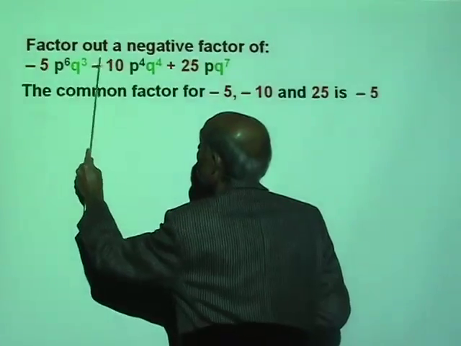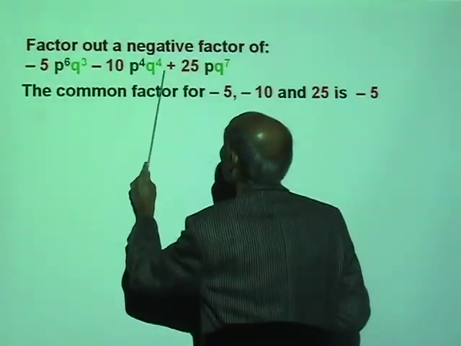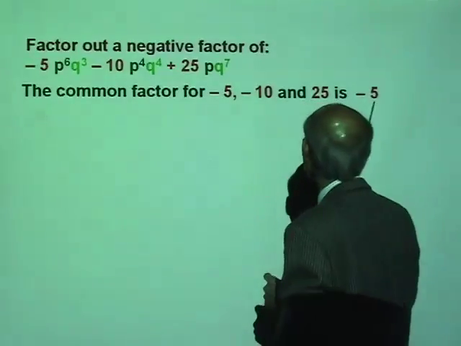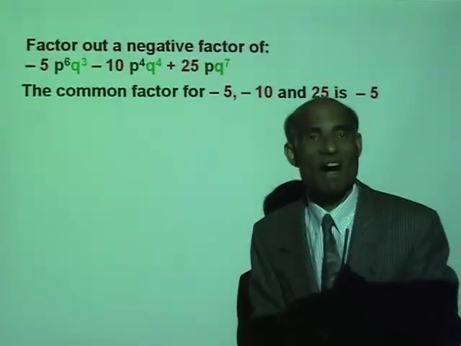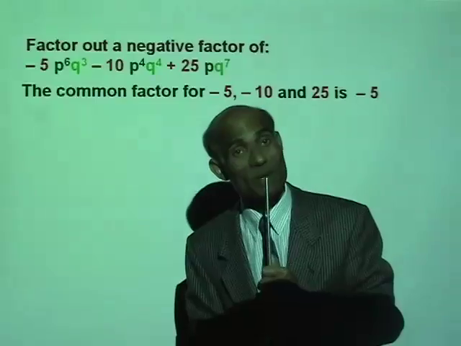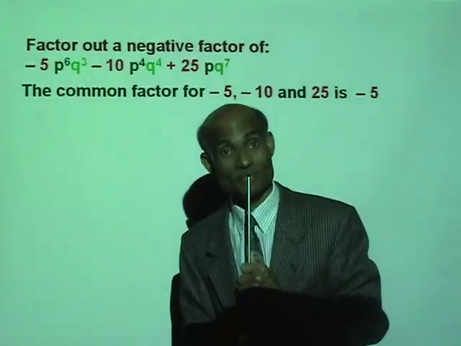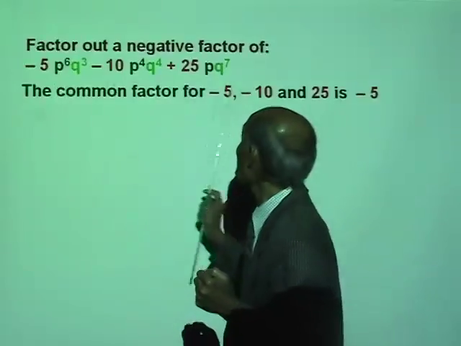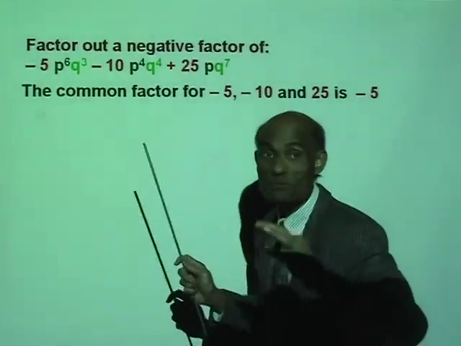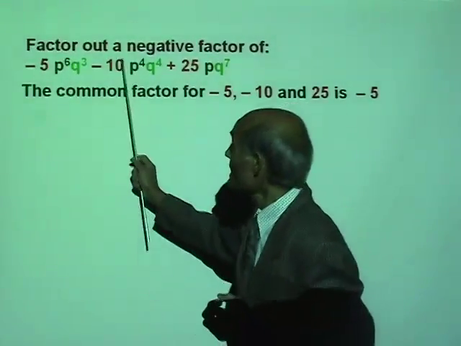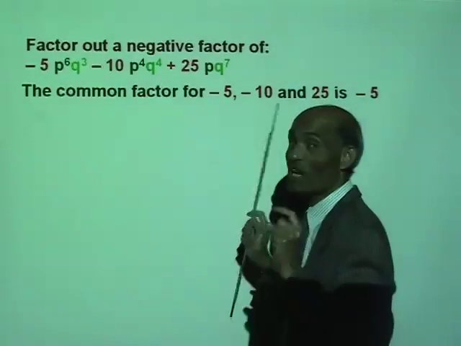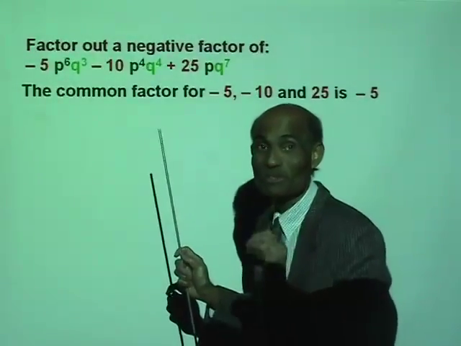-5, -10, and +25. What is the common factor there? I said it is -5. Do you agree with me? I hope so. Because -5 is -5 times +1. -10 is -5 times +2.